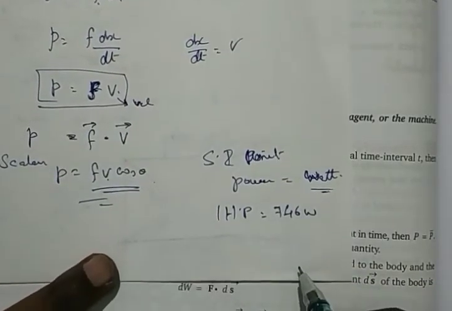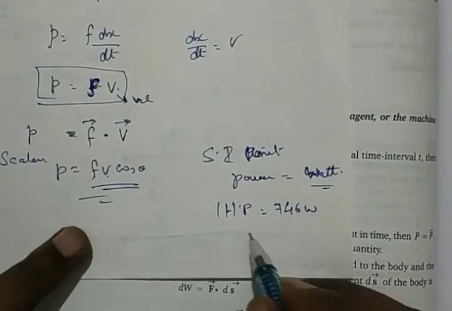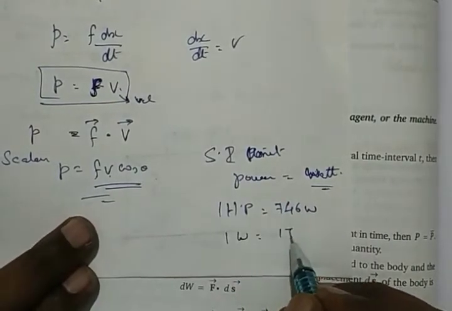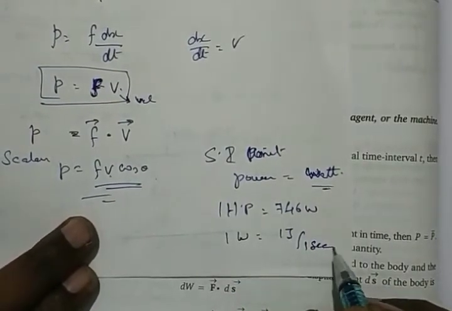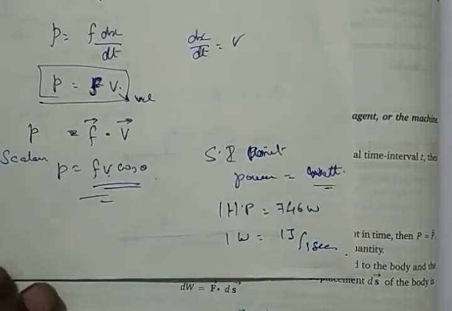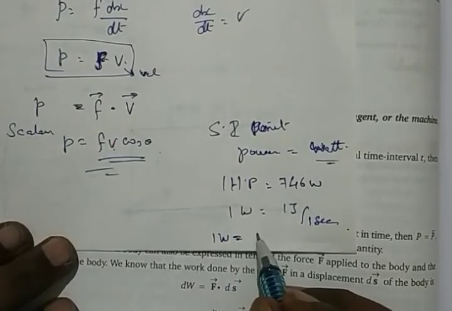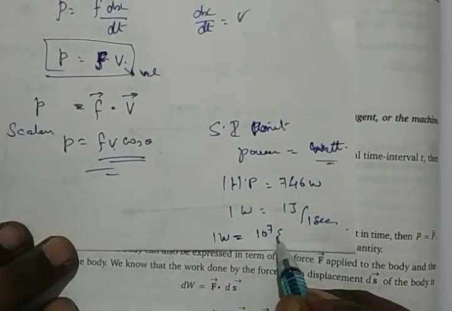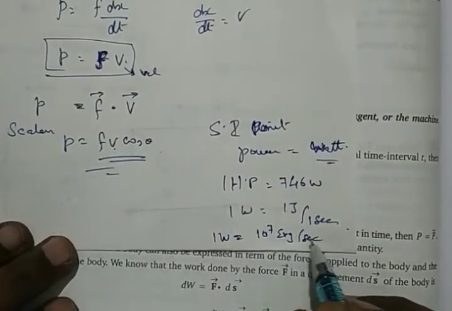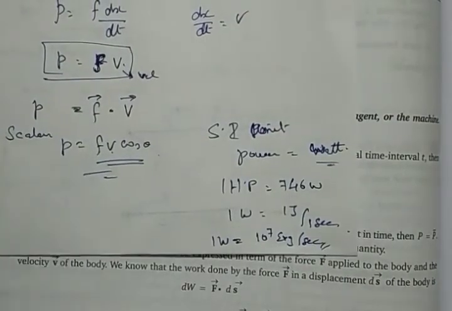Know this one. And 1 watt is equal to 1 joule per 1 second. If you want to convert 1 watt into the CGS system, it is 10 to the power of 7 erg per second. That's also another thing.